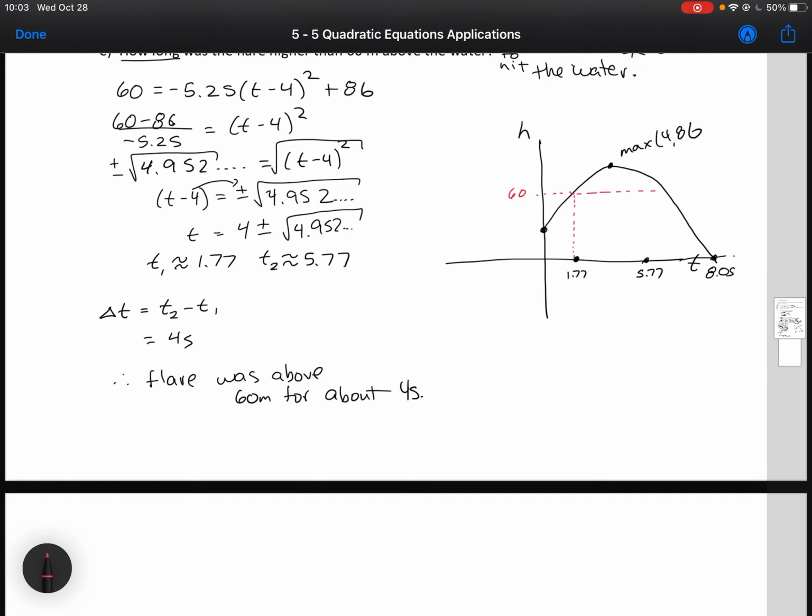So I'm going to go across like this, and then I'm going to go down like this here. So that means this whole section that I've highlighted in red, the parabola, the flare, is above 60 meters. So that is a visual representation of the algebra that we did on the left side of the screen.